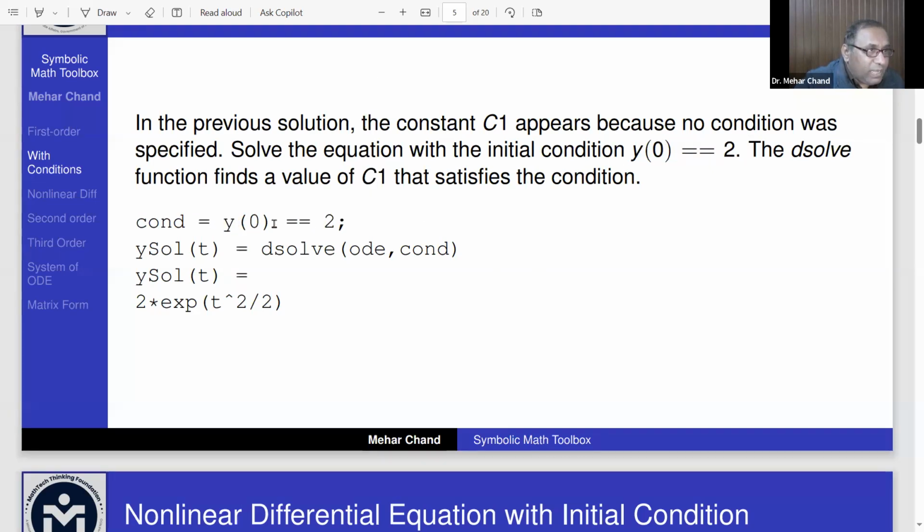Sorry, at this place there will be a single equal, by mistake I used a double equal. This is a single equal, y0 is equal to 2, and this is the equation for the condition.